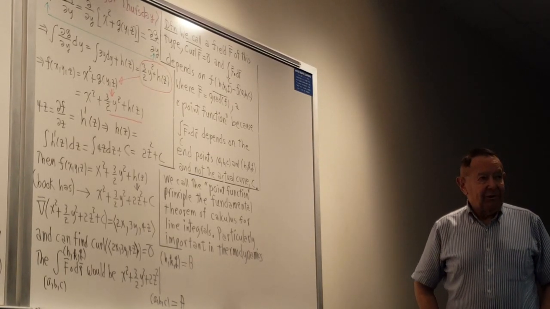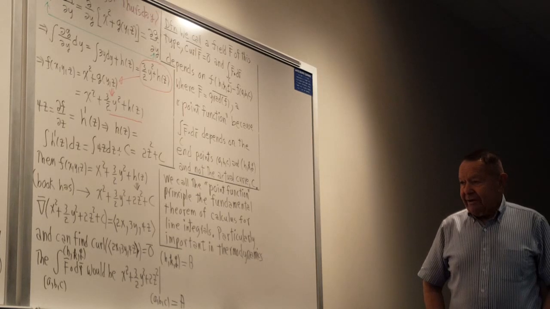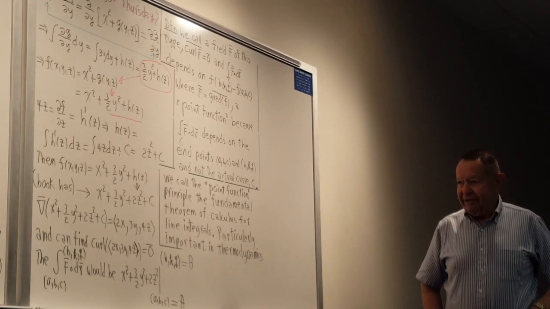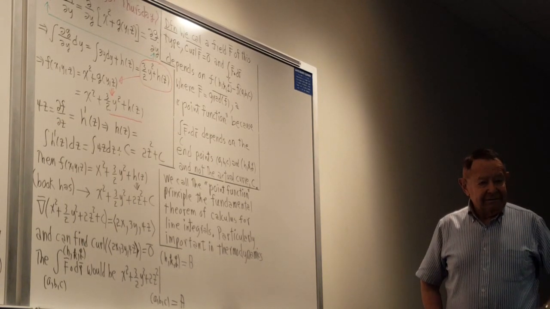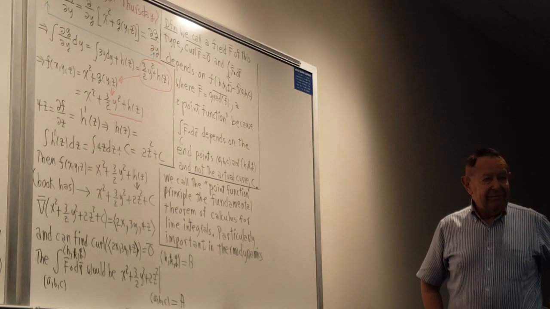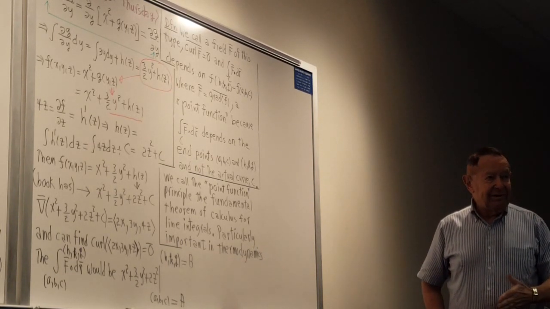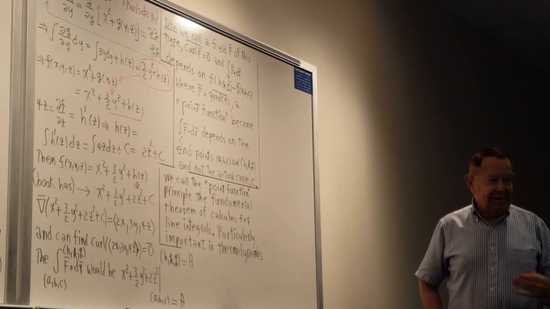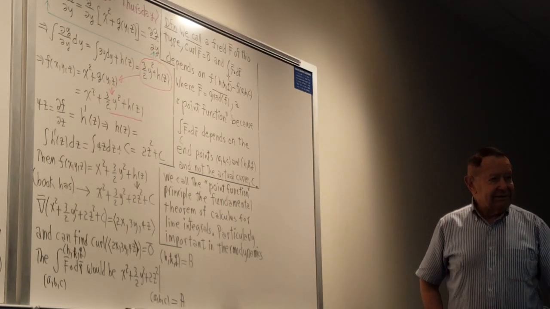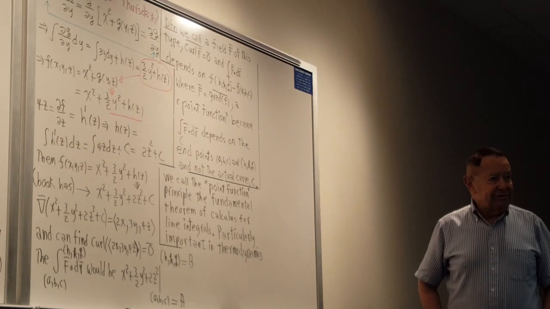Which is probably what you do. Or if you didn't like the path you were given to parameterize, you could substitute a different path, since it's independent of path, and parameterize some other path of your choosing.